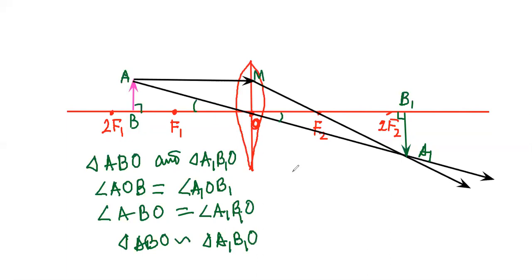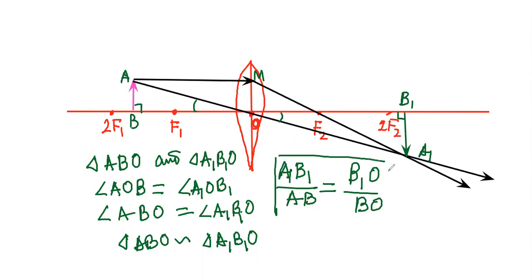So I can say A1B1 by AB is equal to B1O by BO. We could also have written this as OB1.